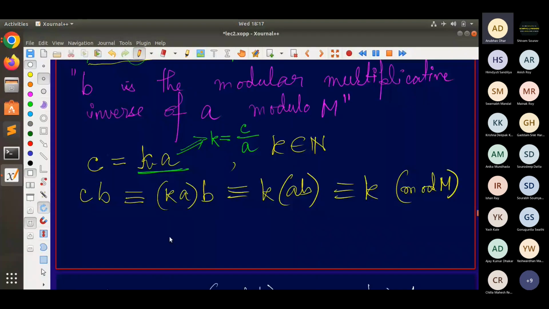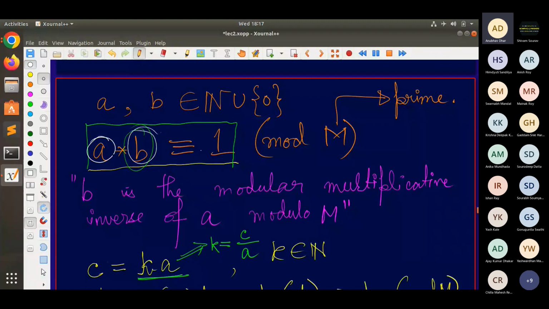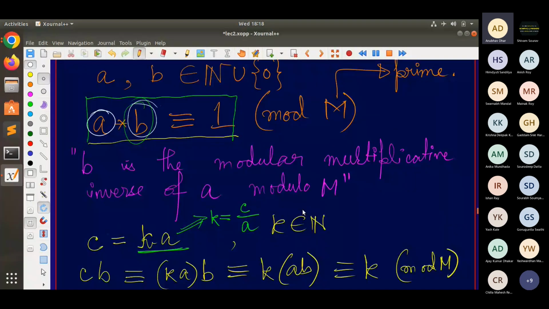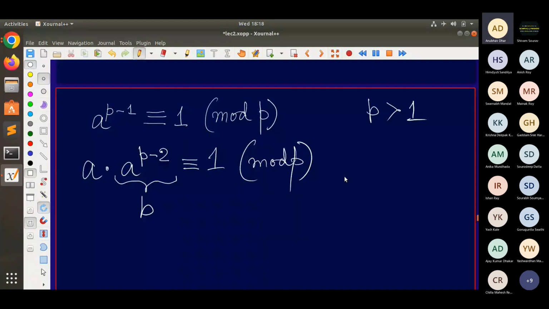We wanted a b such that a times b was congruent to 1 modulo m. Now if you take a to the power p minus 2, okay, I've used p and m synonymously here, so maybe I can use m all throughout, where m is a prime.